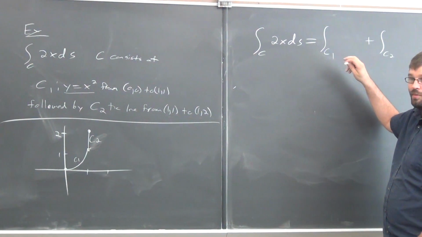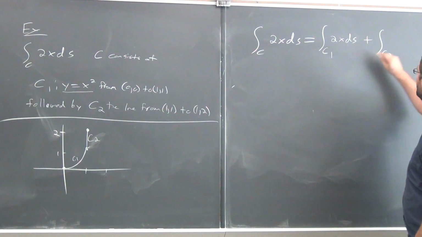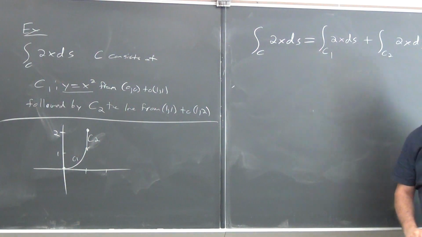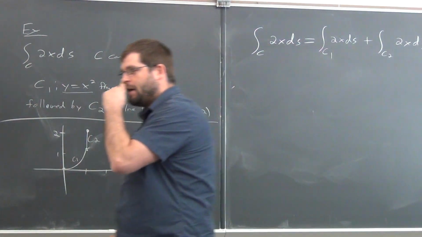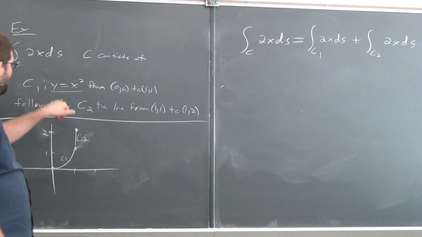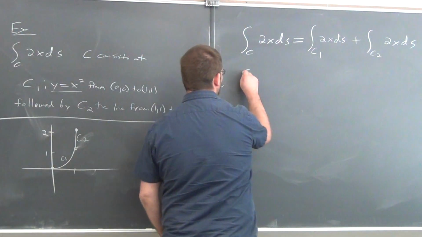That seem reasonable, everybody? And so it's just 2x ds. The point is that on each piece of this curve, we'll have a different parameterization that we'll use. So let's break these down one by one.